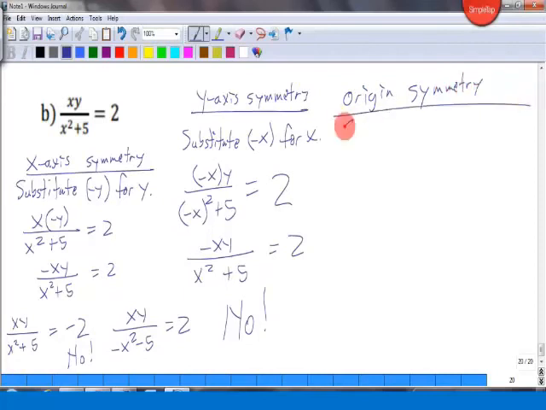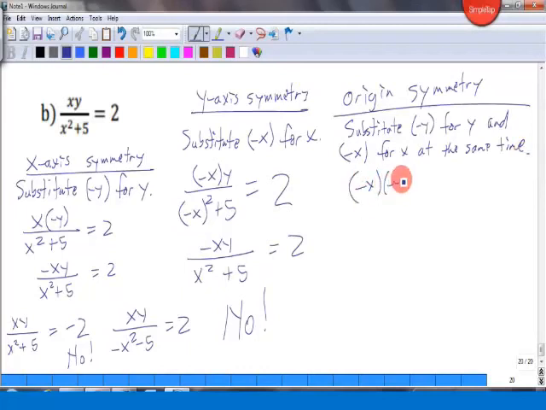If we substitute negative x for x and simplify, that's not equivalent to the original. But if we substitute negative y for y and negative x for x at the same time, maybe the outcome will be different.